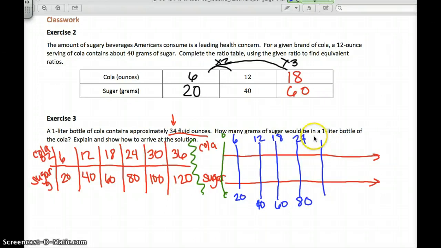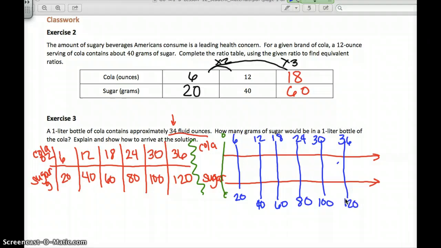Okay, we have 30 ounces of cola, 100 grams of sugar, 36 ounces of cola, and 120 grams of sugar.